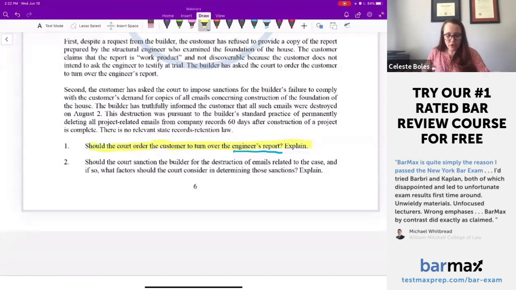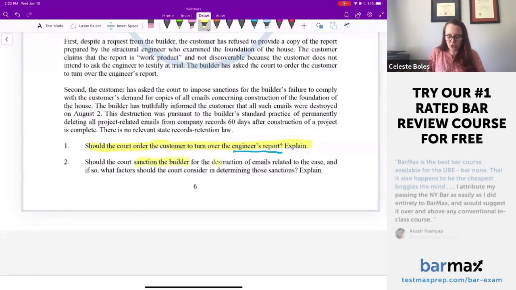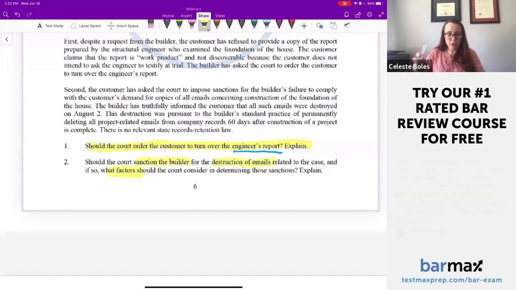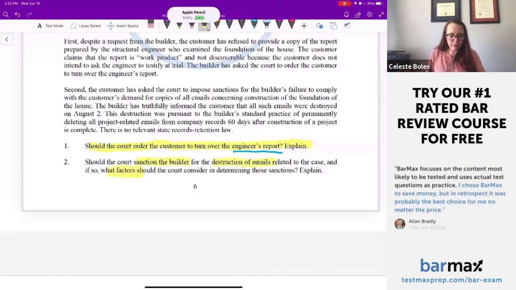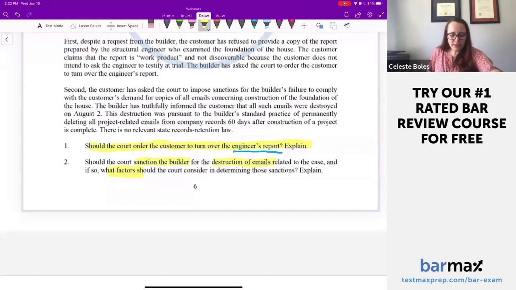And then number two, should the court sanction the builder for destruction of emails related to the case? And if so, what factors should the court consider in determining those sanctions? So these are both discovery issues.